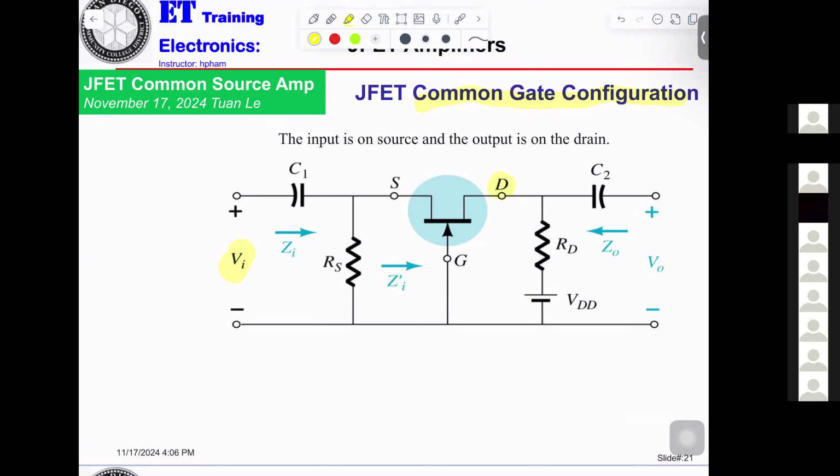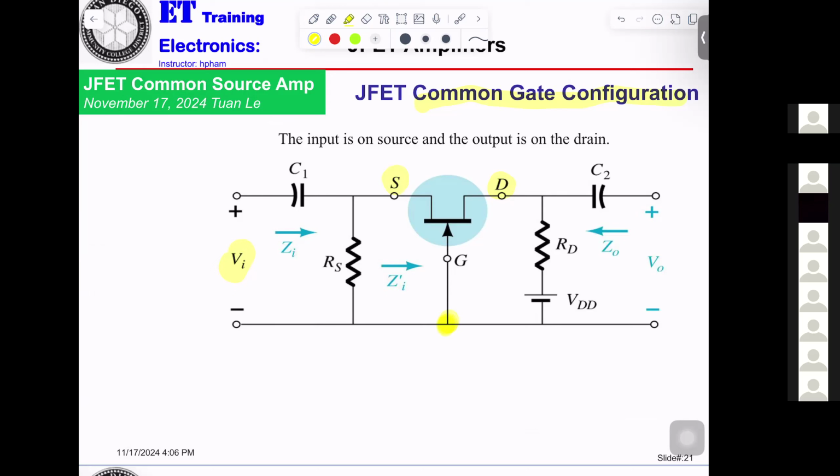So the input is applied to the source. Okay. Output from the drain. Common gate configuration means the gate will be routed here. The input is on the source and the output on the drain.